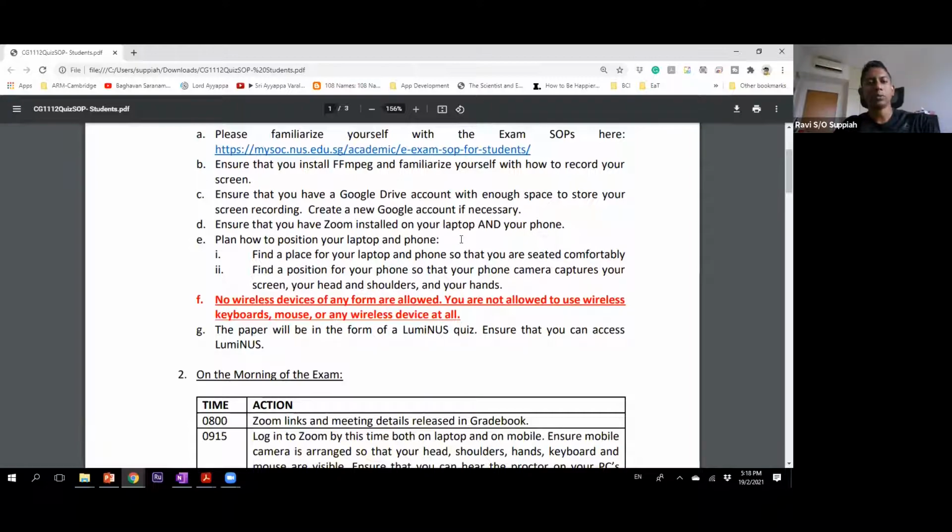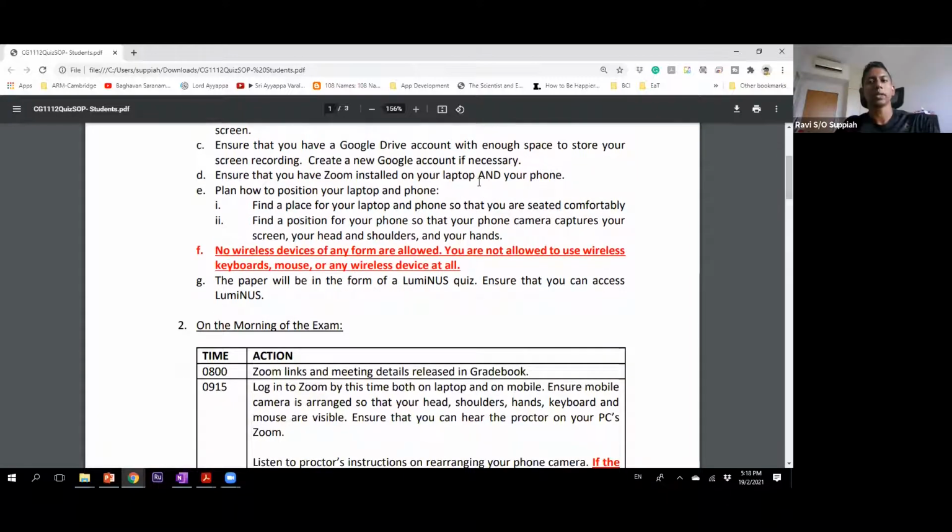Zoom must be installed on your phone, so that you are able to position it in a way that it captures you as well as the screen. I think all these are quite standard. Most of you have gone through this before.